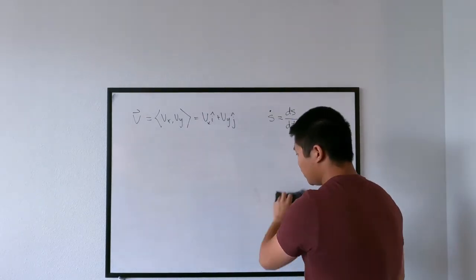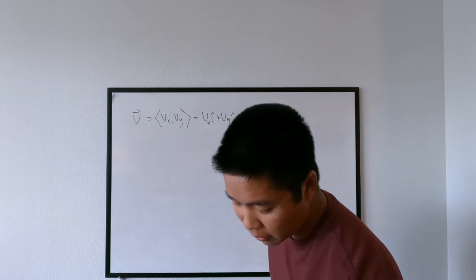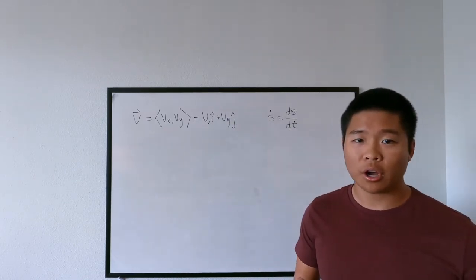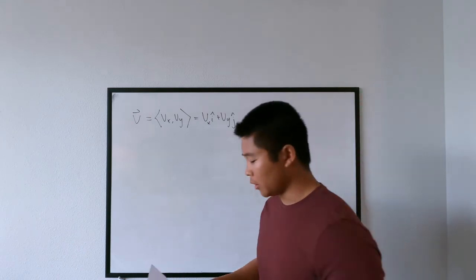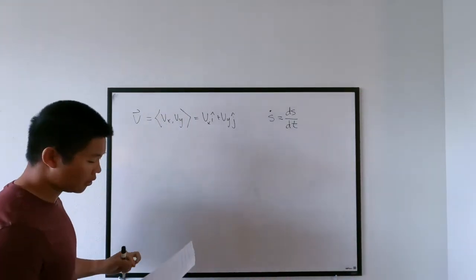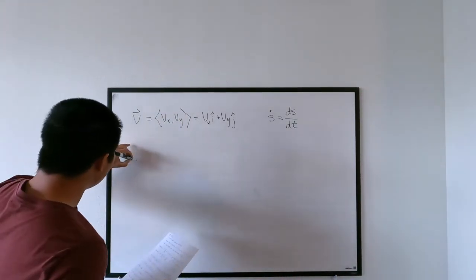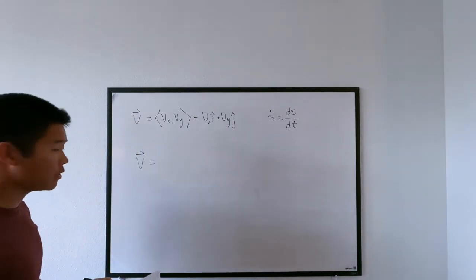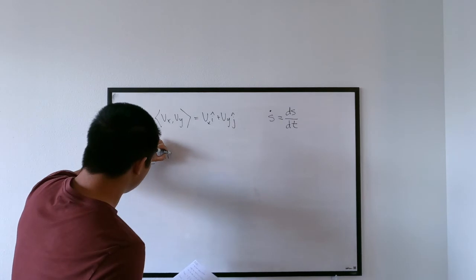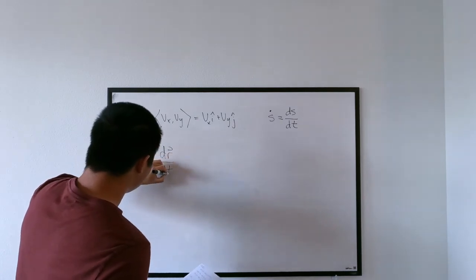So with that being said, the dot notation and the derivative stuff can get a little bit confusing when we talk about vectors, okay? So I just want to do a little bit of a note with this, okay? So v, the vector v, is of course, you guys know, dr dt, right?